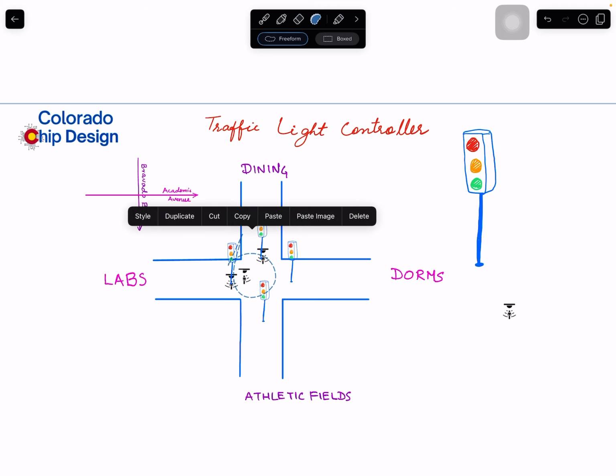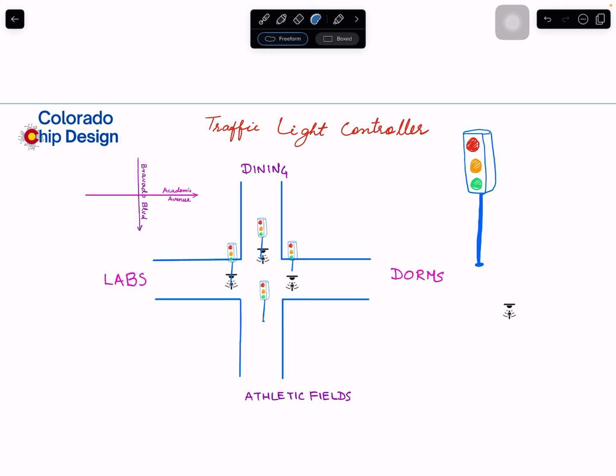One on this side, one on this side. And this sensor senses that there are students coming from this side. This one will sense there are students now on this side. Similarly, these ones are from this side. Okay, hopefully that is clear.